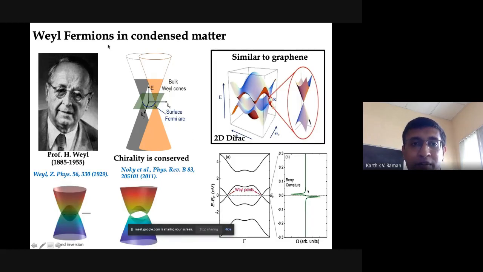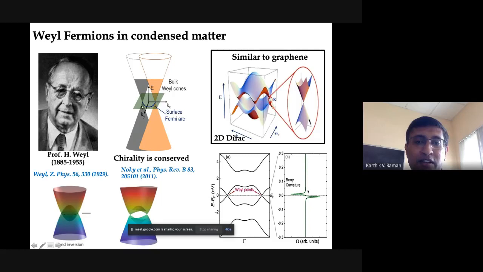And these Weyl fermions are nothing but fermions which are linearly dispersive, just like your graphene, except that you have these two Dirac cones which are shifted in momentum space, and they don't appear at the same point. So these are called, instead of Dirac points, Weyl points or Weyl nodes. When these two merge together, you essentially end up with a 3D Dirac material.